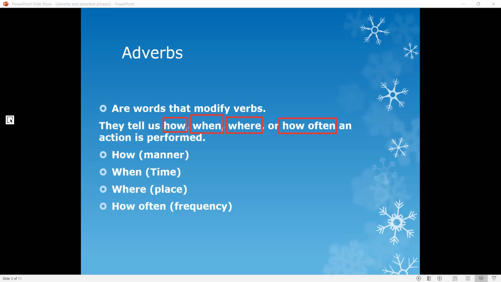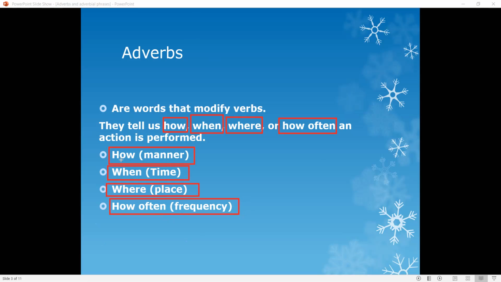All right, so how shows us the manner. When tells us, of course, the time. Where gives us information about the place where the action was performed. How often is the frequency with which it is performed.